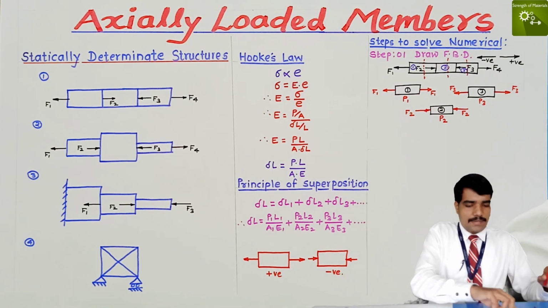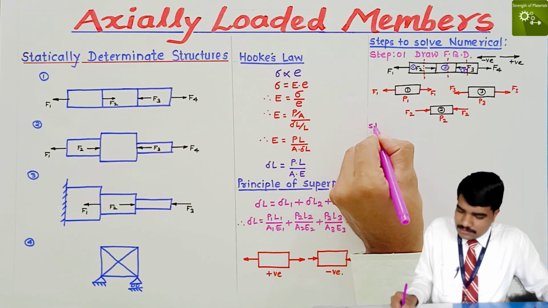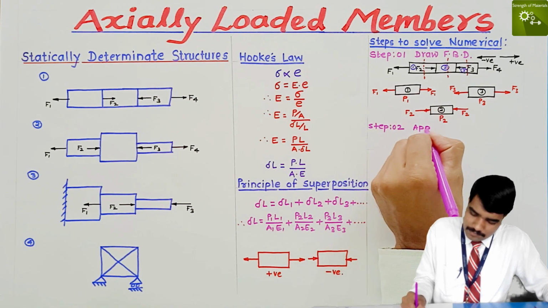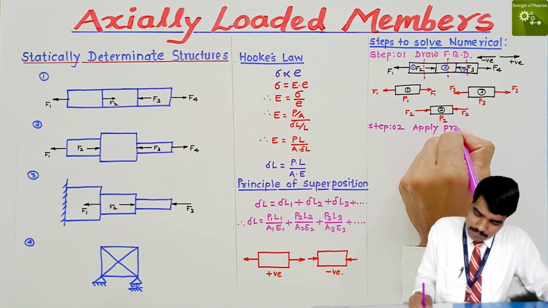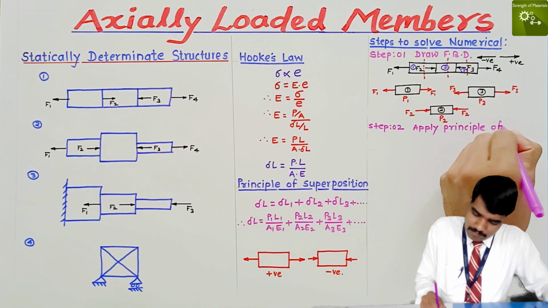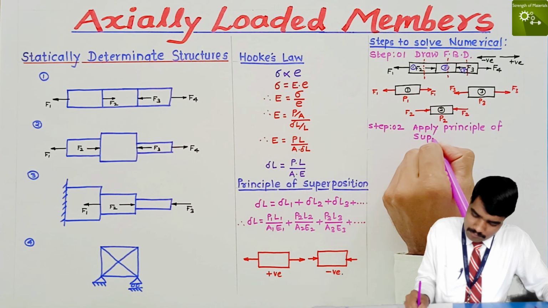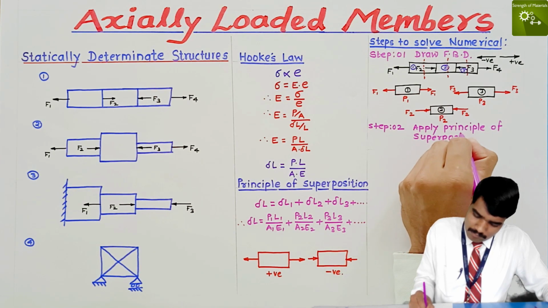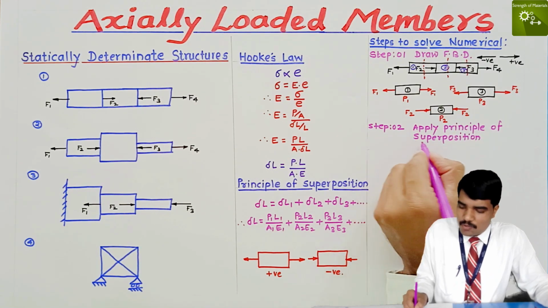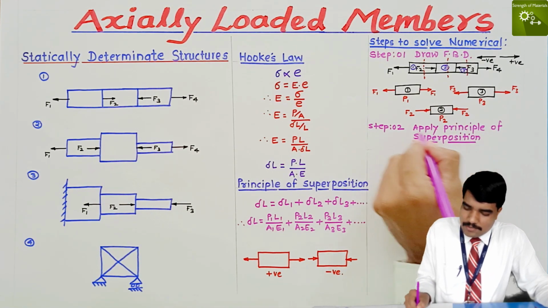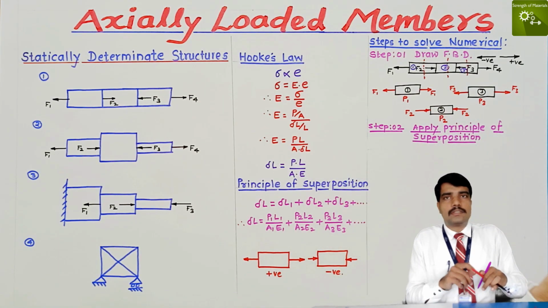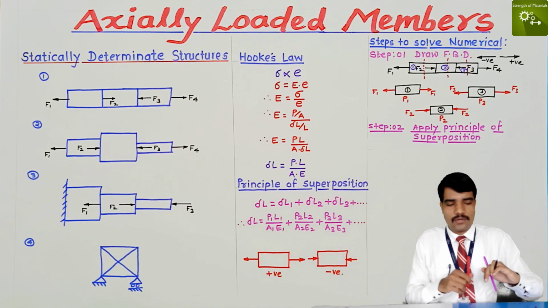And second, simply by using the principle of superposition, by applying the principle of superposition, we find the total elongation or total contraction.